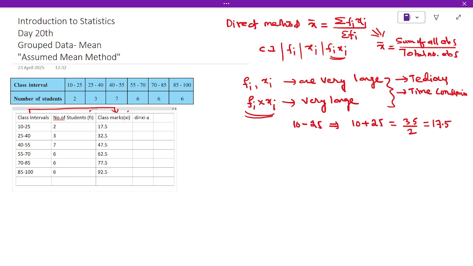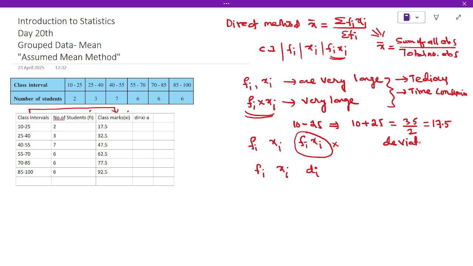So here, in this assumed mean method, what are we going to do? Earlier we had fi, then xi, then we took the product fi xi, right? Now instead of proceeding with this step, I have already fi, then xi. Now here I am taking the third column as di, that is the deviation.